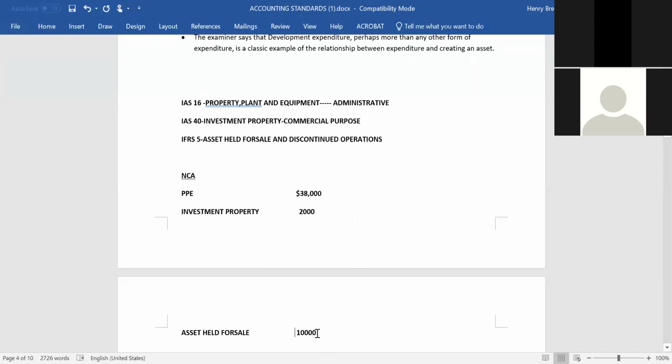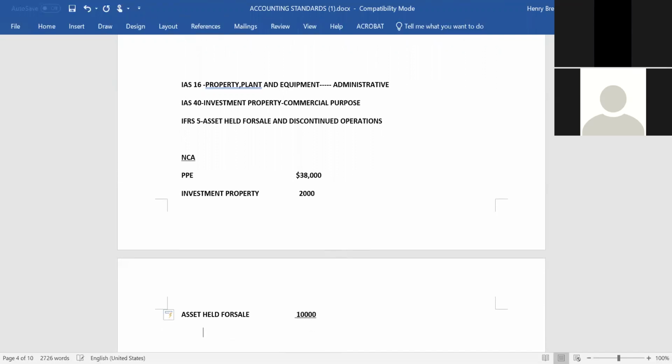Earlier on, because we were using the entire 50,000 for administrative purpose, we gave it the name PPE. But later on, we realized that 2,000 was used for commercial purpose, and because it was used for commercial purpose, we gave it the name investment property. And lastly, we decided to hold part of it for sale, and that relates to IFRS 5.